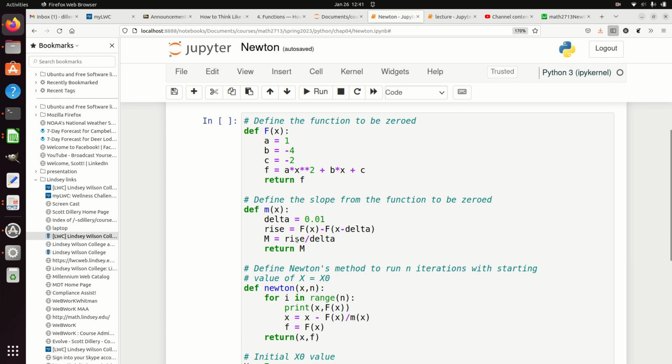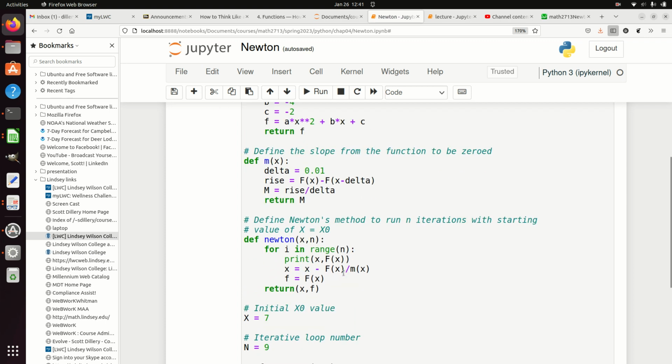So we'll get those two slopes, and then we're going to use them here in Newton's method to print out a series of x and f values that hopefully get us close to our zero. I print out a bunch just so you can see Newton's method at work.